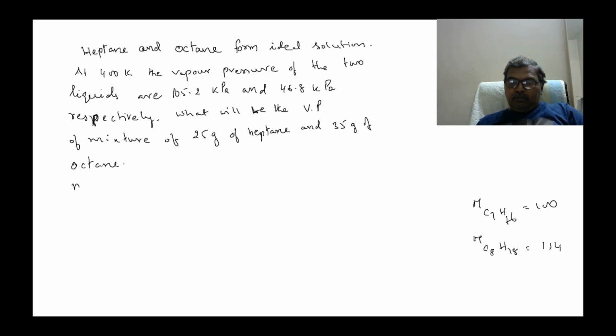Now, number of moles of heptane is 25 by 100. Number of moles of octane is 35 by 114. Total number of moles is 25 by 100 plus 35 by 114.